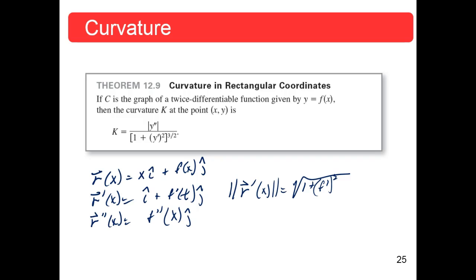Now I don't think we need that one, but what we do need is your cross product between these two. So it's going to be i, j, k, and that's going to be 1, f prime, and of course k is 0, so you put a 1 and an f prime again, and then your r double prime is a 0, f double prime, 0.